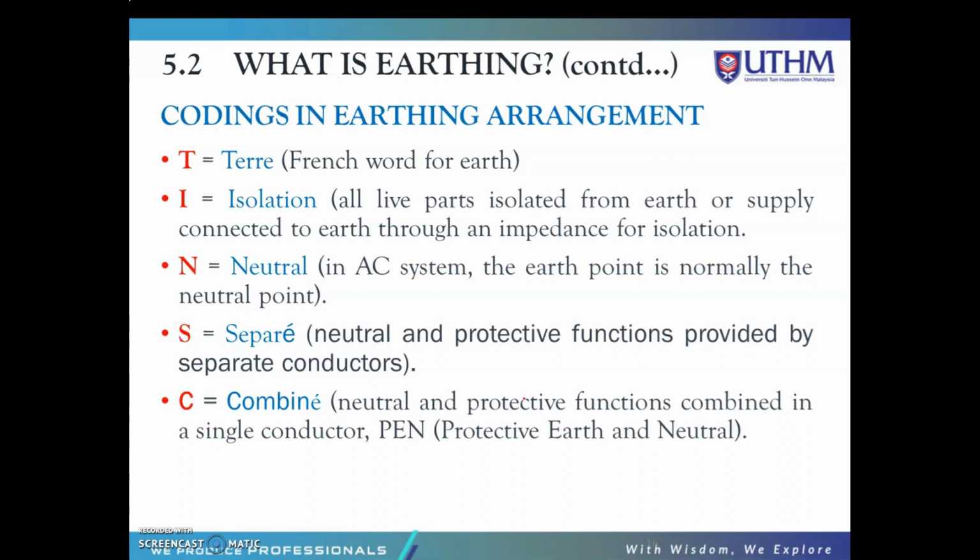In AC system, the earth point is normally the neutral point. And the S, separate, which is the neutral and protective functions, where the protective earth is provided by separate conductors. And then we have C, which is the combined neutral and protective functions combined in a single conductor, or we call PEN, protective earth and neutral.